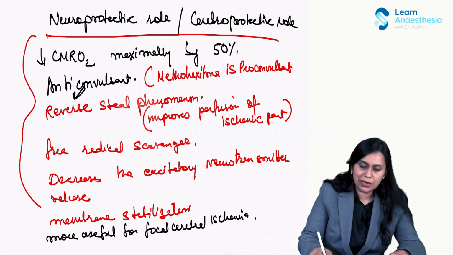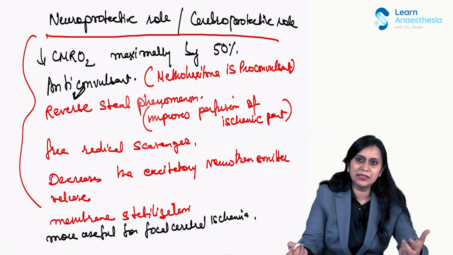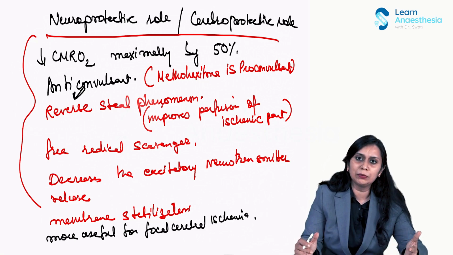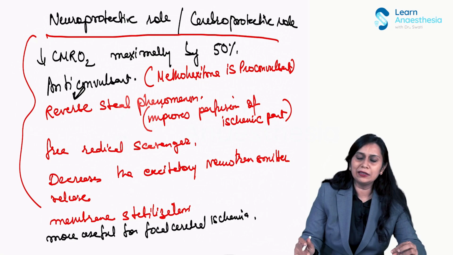That's why it has a role in ECT, because for ECT we want a proconvulsant IV anesthetic agent, since after giving ECT we have to see the seizure to know whether the ECT was successful or not. Most IV anesthetic agents are anticonvulsant, so they will suppress that seizure. Methohexitone is proconvulsant, so it will not suppress that seizure. So it has a role in ECT.